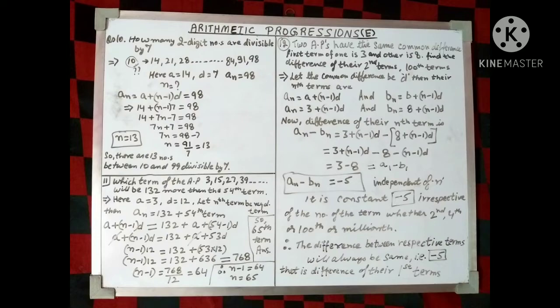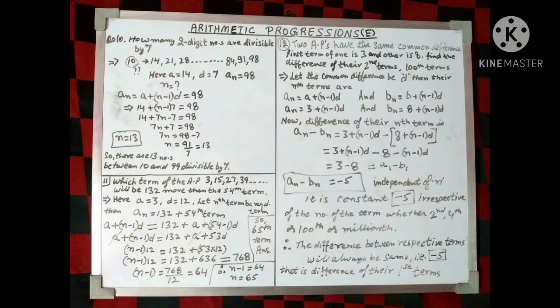So what we do here is, as we see the question, we can easily see the first term a is equal to 3. The common difference is 15 minus 3 or 27 minus 15 or 39 minus 27, which comes out to be 12, right?